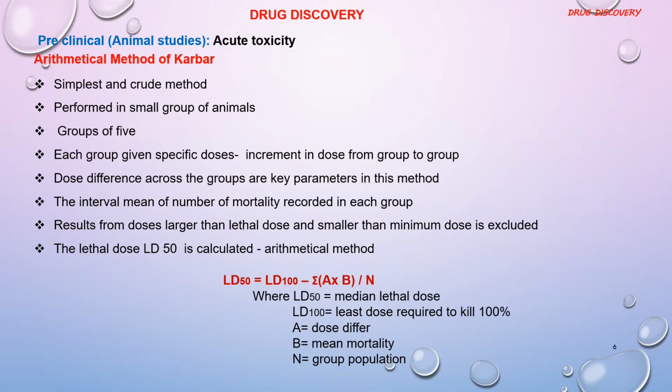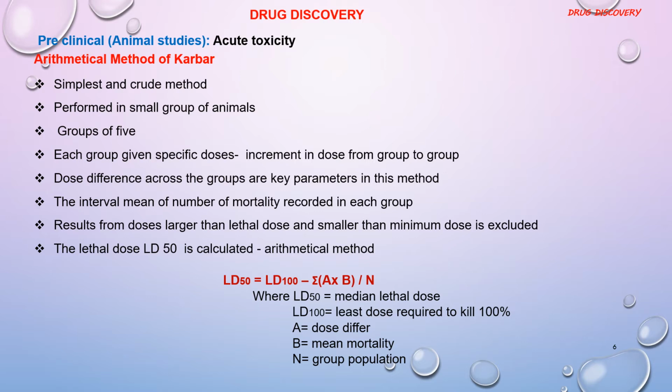This is the simplest and a crude method and is performed on a small group of animals divided into 5 groups, generally with 10 individuals in each group. Each group is given a specific dose of the molecule or substance to be tested, with increment in dose from group to group.